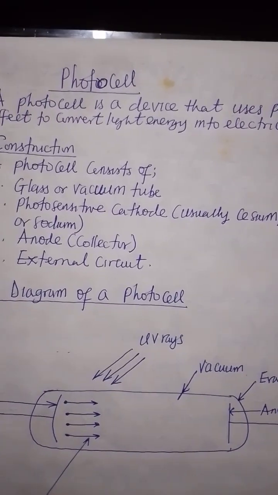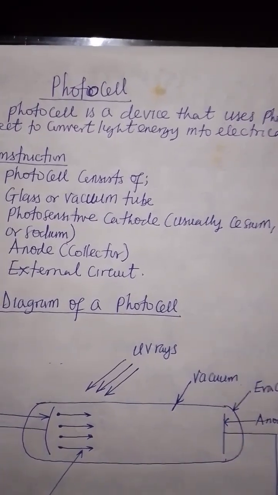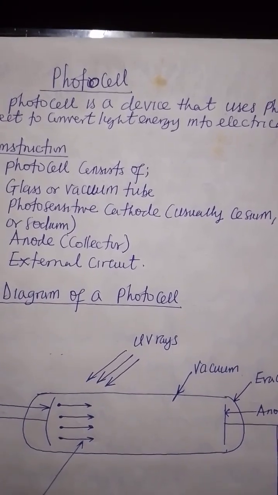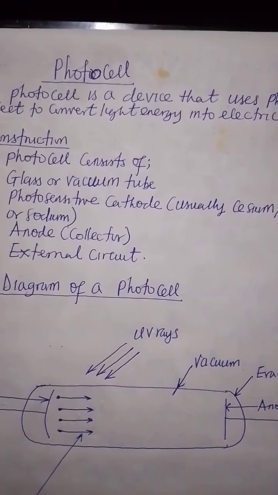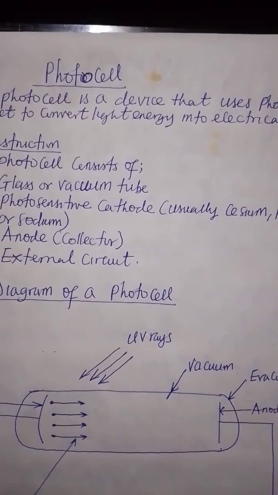However, for the particle theory, we said light energy is quantized. That is, light energy is emitted in discrete units, separate packets. That is, the emission of light is not continuous.